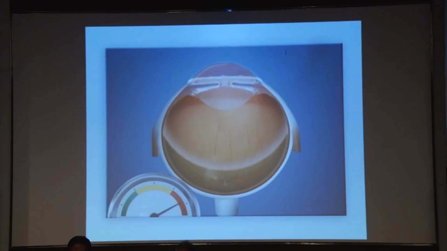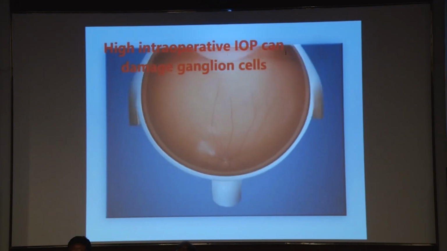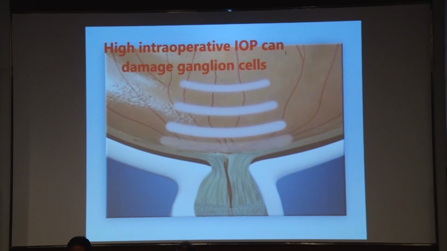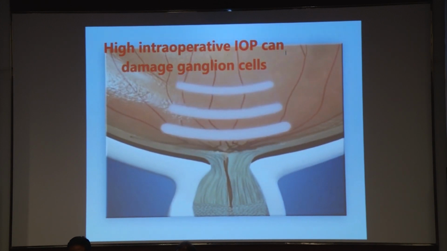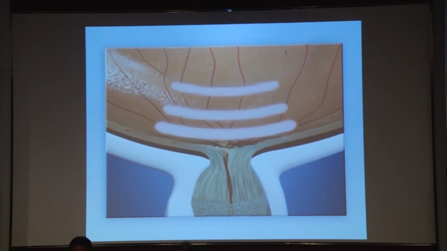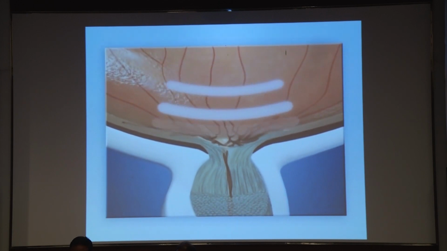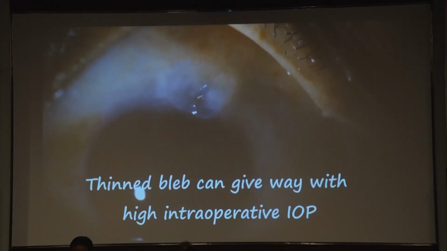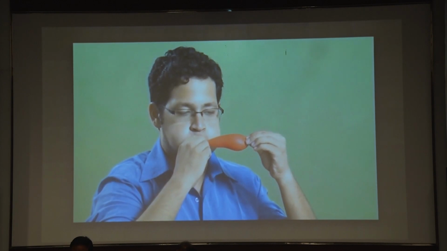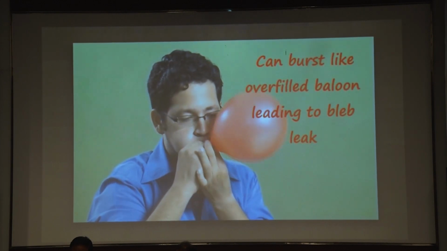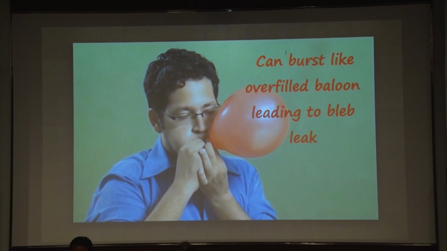High intraocular pressure during the surgery can damage the remaining ganglion cells. Not only that, the increased hydrostatic pressure, so as we said earlier, you have to keep the parameters low, can cause the bleb to give way and burst, leading to bleb leak.